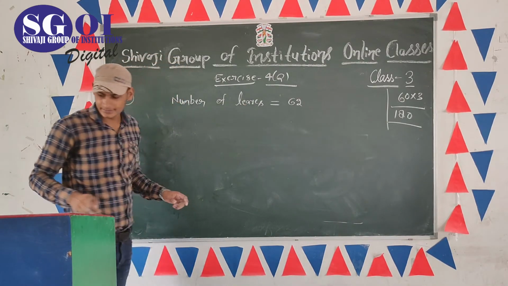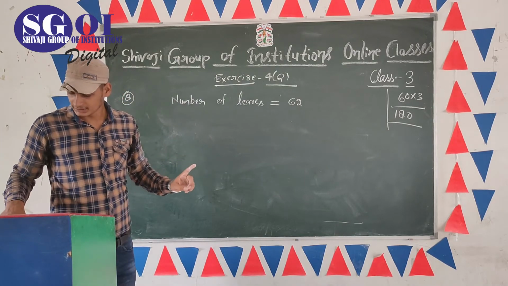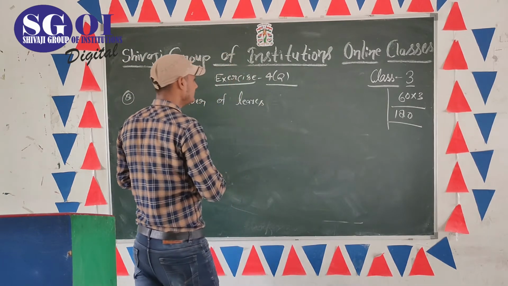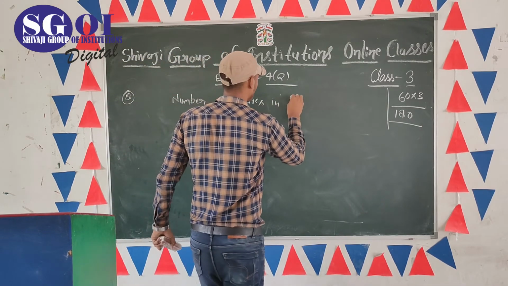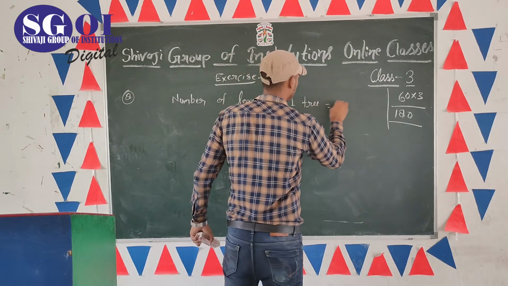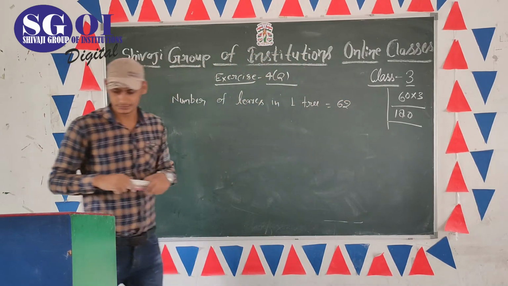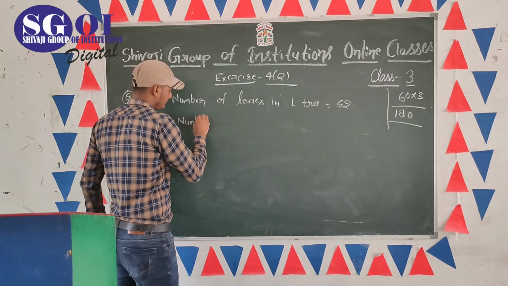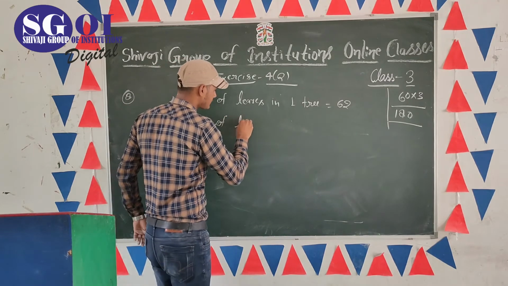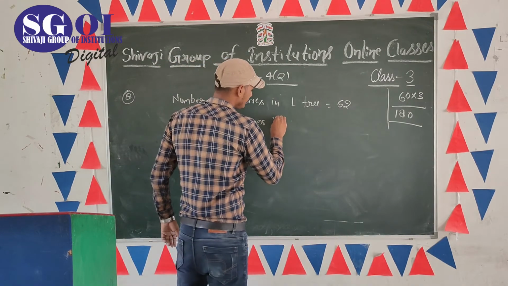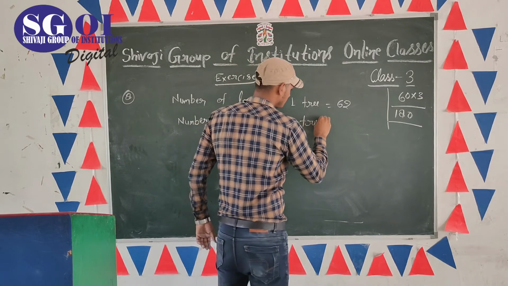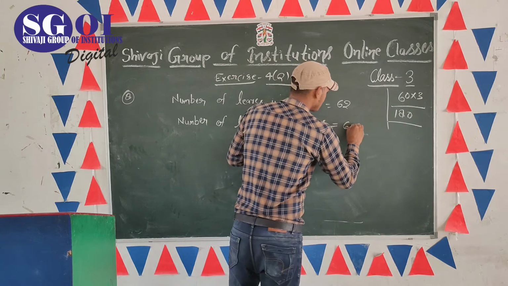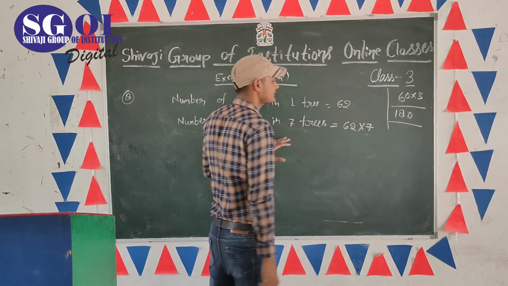Number of leaves in one tree is equal to 62. Number of leaves in 7 trees is equal to 62 multiplied by 7.